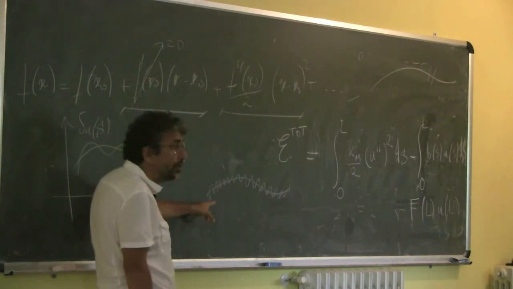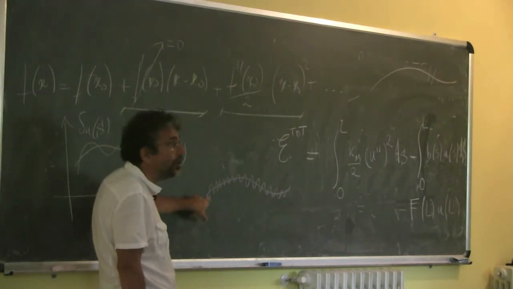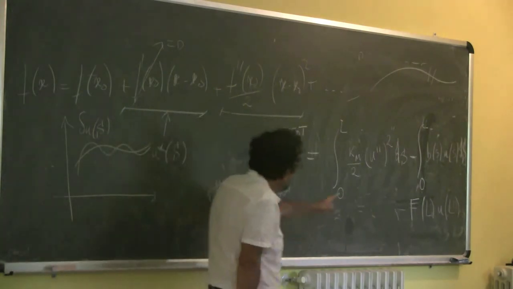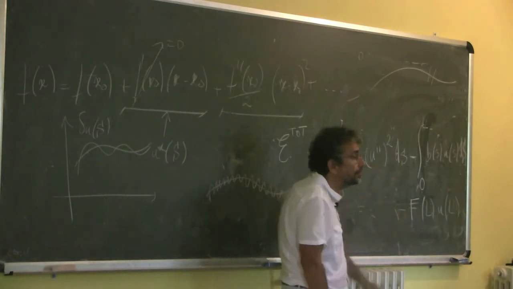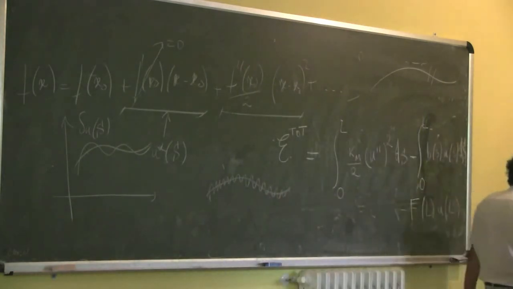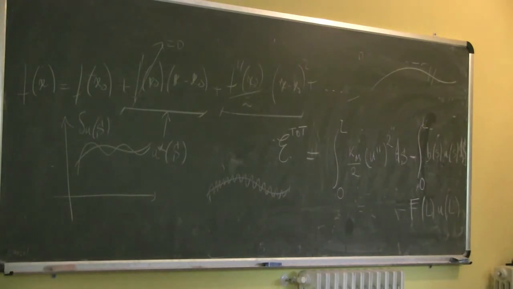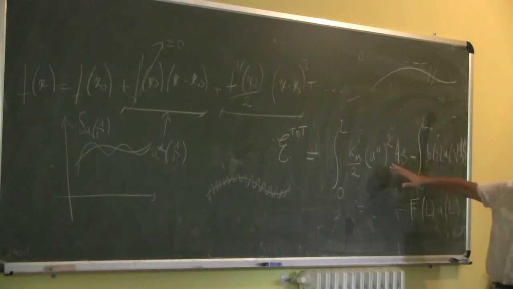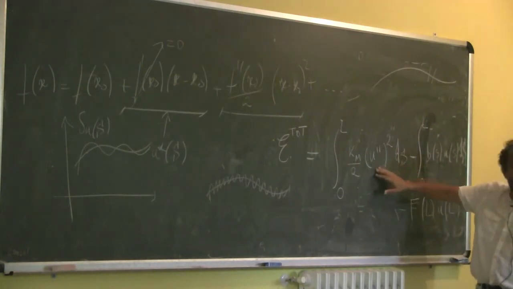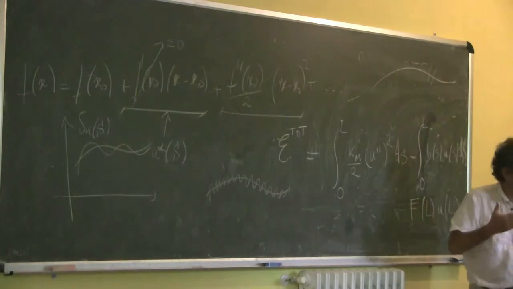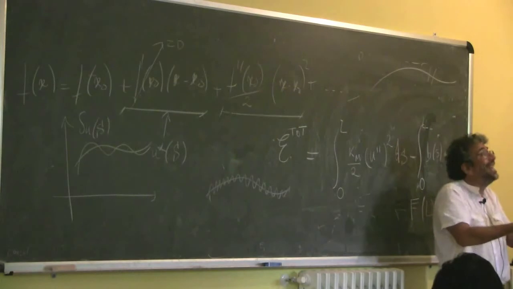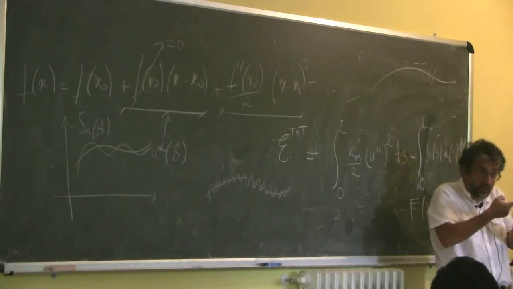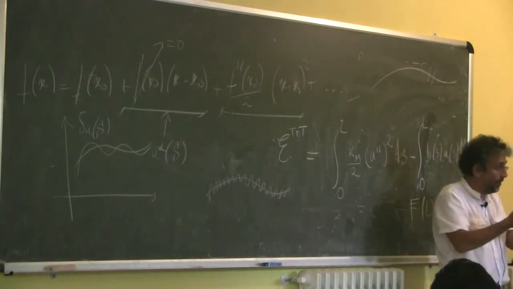Do you want to say that these two functions are close or not? In your energy you have the second derivative. So what does it mean that two functions are close? In the context of the theory of Euler, two functions are close if their values are close, the derivatives have values which are close, and the second derivatives have values which are close.